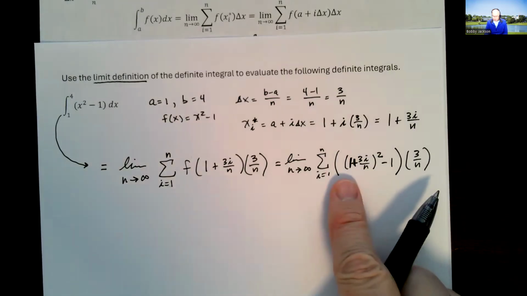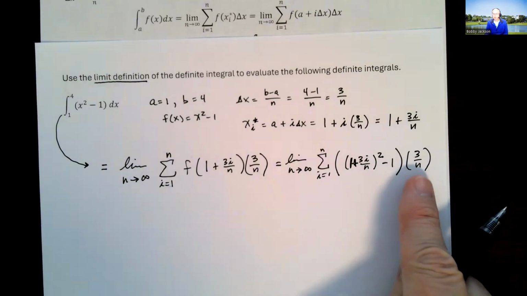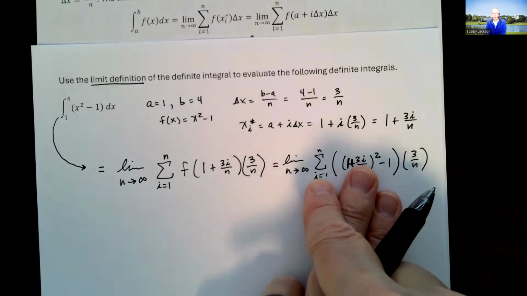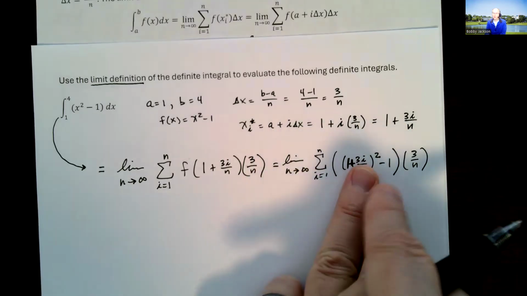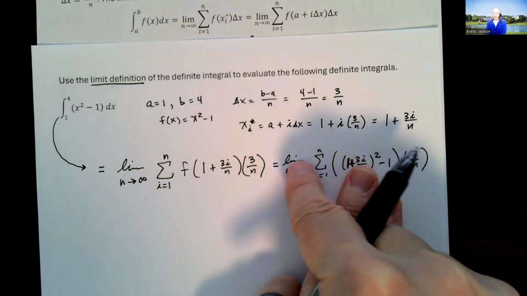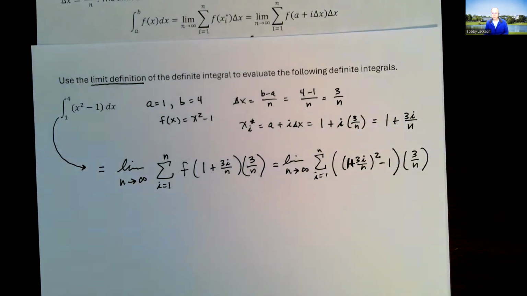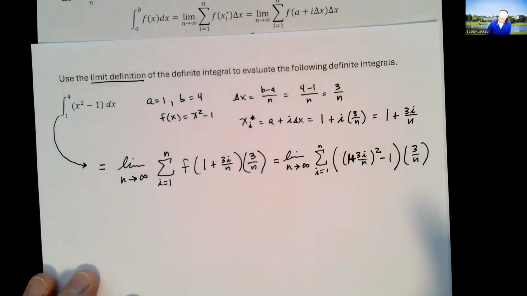So quantity squared. Now, all this stuff, I like to just simplify this whole thing. You'll see some people will take this 3 over n. It's really a constant multiple because the variable is i, not n. n is going to infinity. You can't pull it outside the limit, but you can pull that 3 over n out in front of the summation sign. But you're going to have to redistribute it. The way I like to do it, I'm just going to do everything mathematically here.